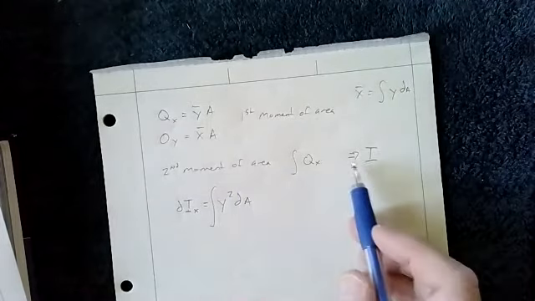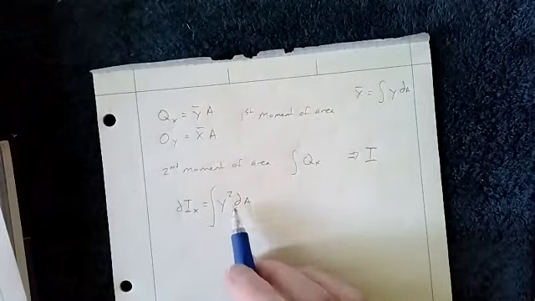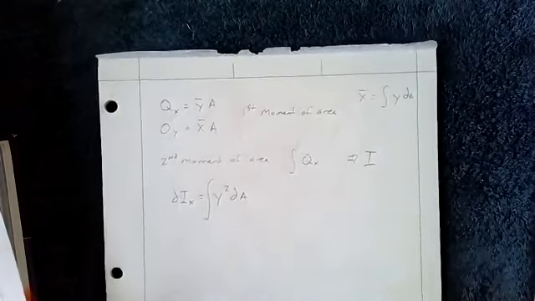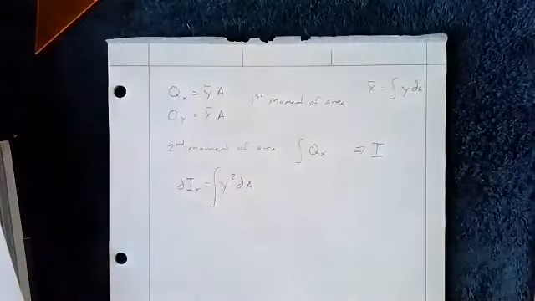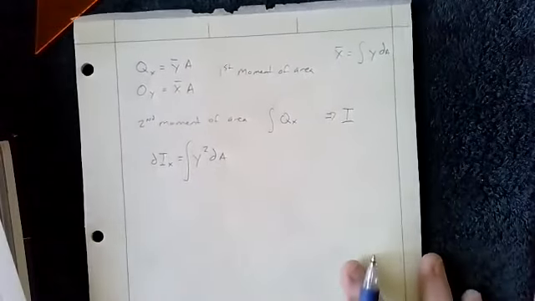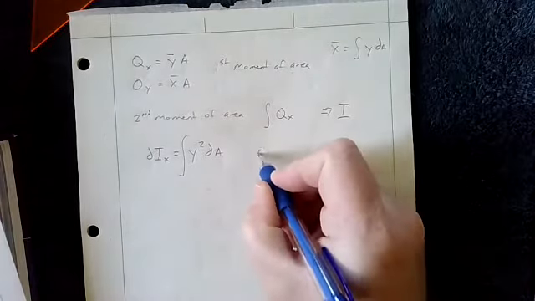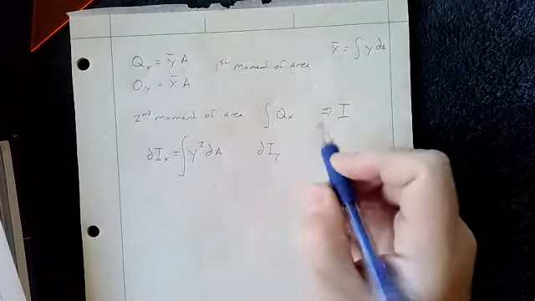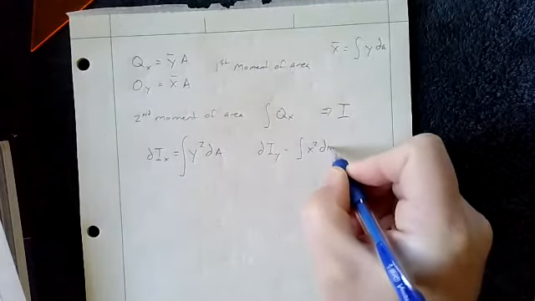For the second moment of area, the moment of inertia, we use this. I'm not going to focus on integration techniques; I'm mainly showing you this to give you the background. The problems that we'll do will be composites. This works the same for Iy, so we can also write dIy equals the integral of x squared dA.